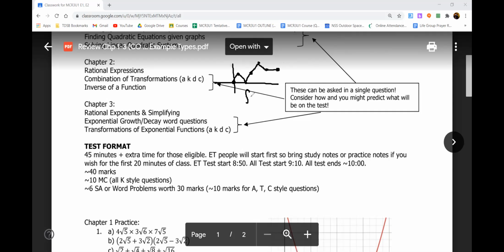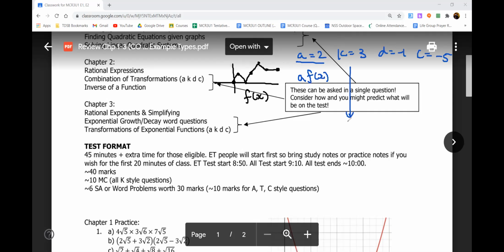So let's pretend this is my new function. Notice how it doesn't follow any parent function you've learned before. From here, let's pretend my a is 2, my k is 3, my d is -1, and my c is -5. You will apply the a, and then you will say that the line that you drew is 2 f of x.